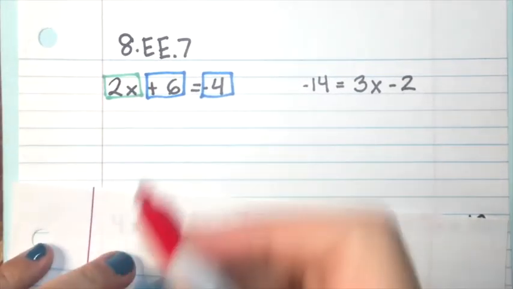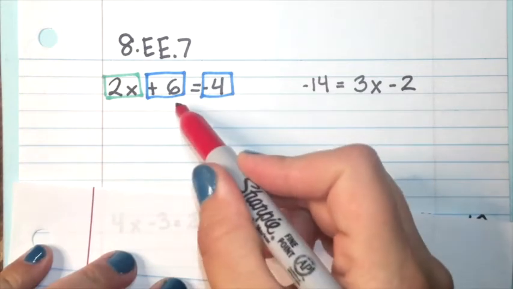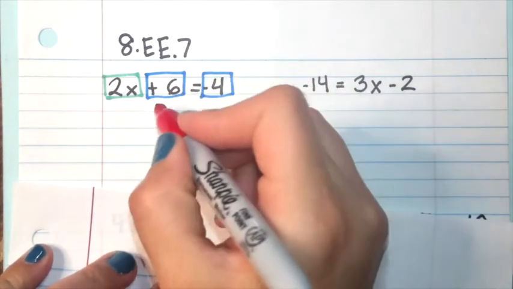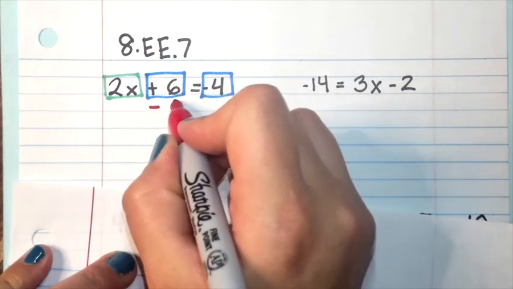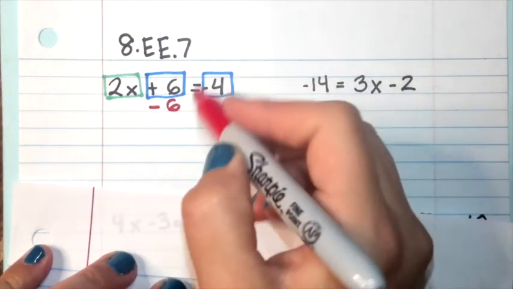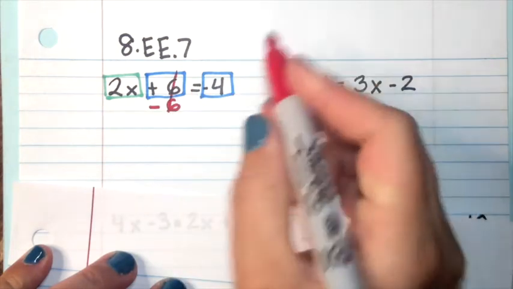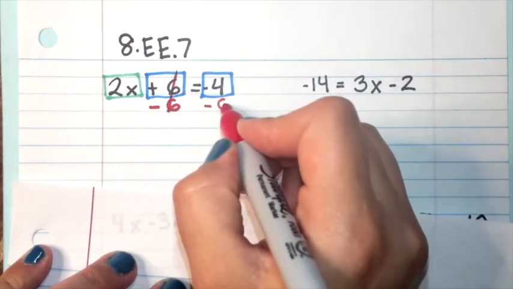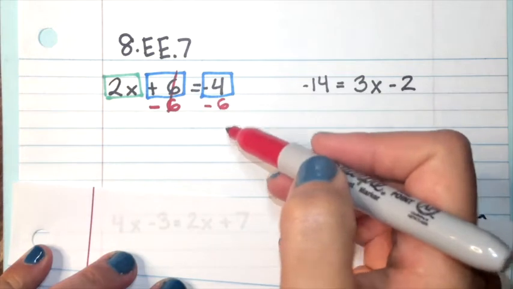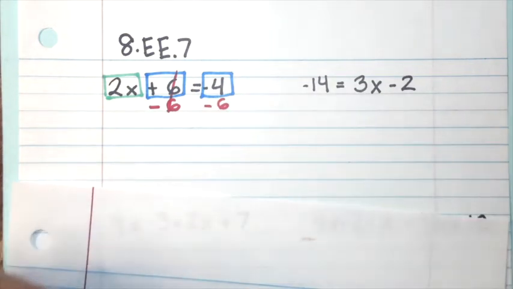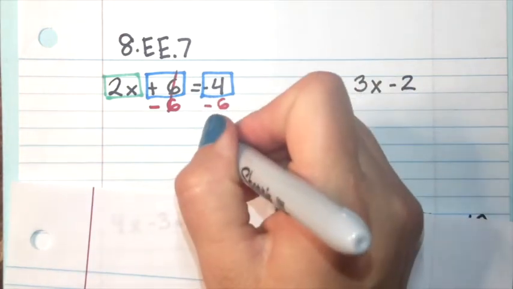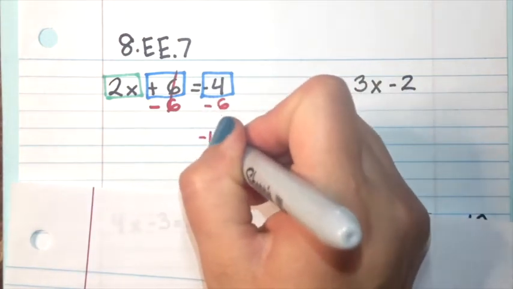So to do that, because I'm going across this equal sign, I will do the inverse operation. Remember that? I'm going to subtract 6 to cancel this here, and I'm going to do the same thing on the other side. A negative 4 with a negative 6 is indeed negative 10.